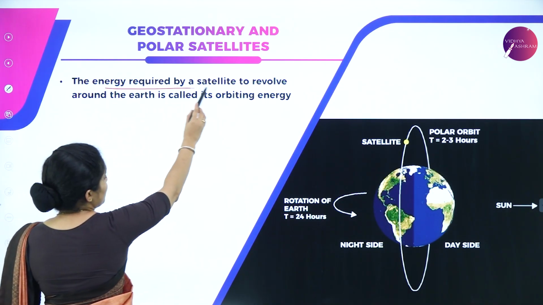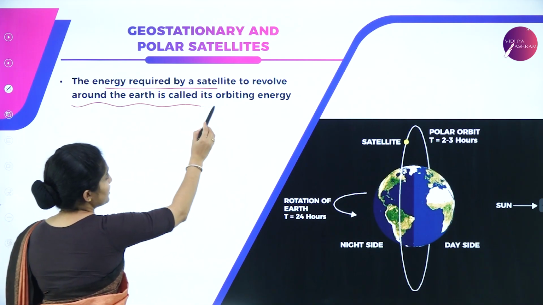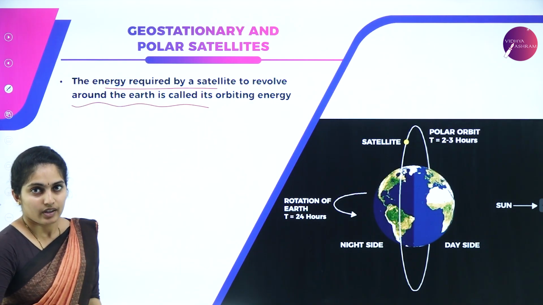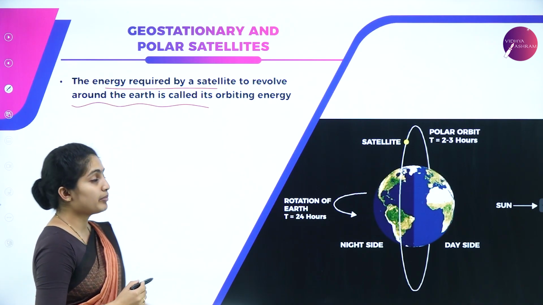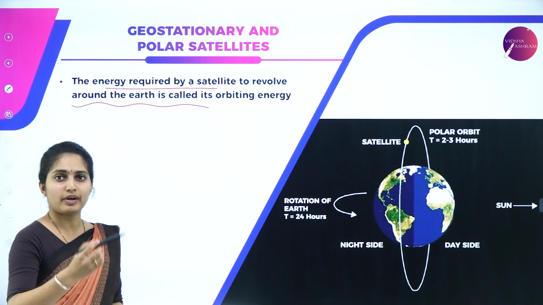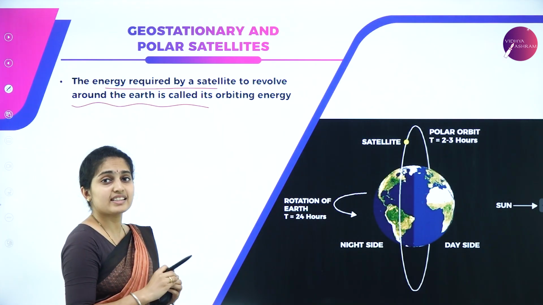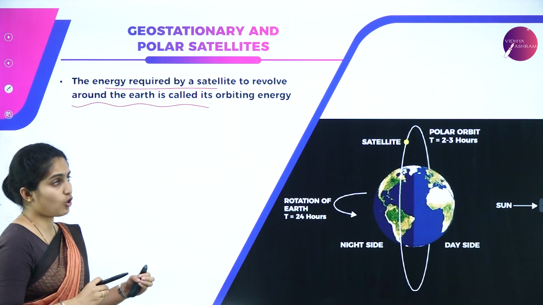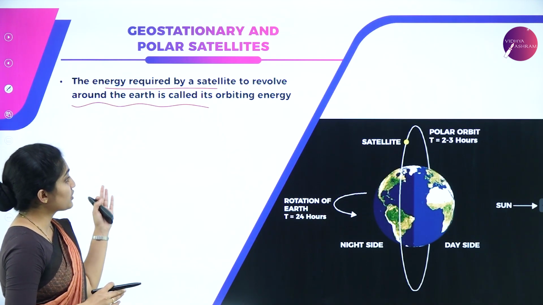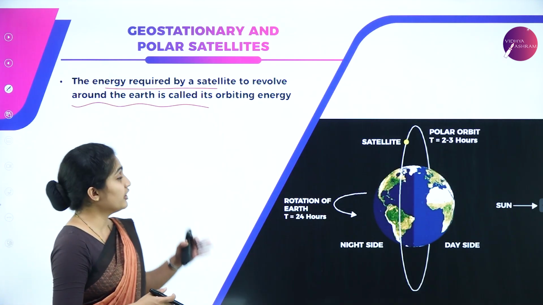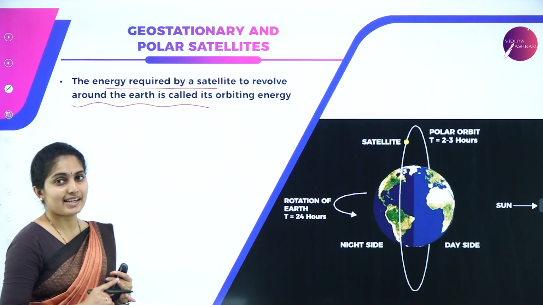The energy which is required by satellites to revolve around the earth is called orbiting energy. Once a satellite is placed, it has to orbit on its own axis, right? When that's the case, it has to possess certain energy to orbit. Such a concept is called orbiting energy. So here we have geostationary satellites and polar satellites.